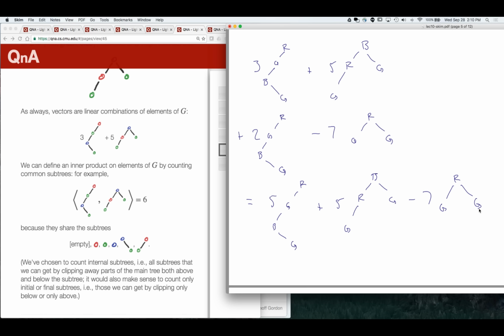Right? And so we simplify as much as possible because we know that scalar multiplication distributes over vector addition, 3 times that plus 2 times that has to equal 5 times that, the same thing, right? But there's no other simplification we can make here.